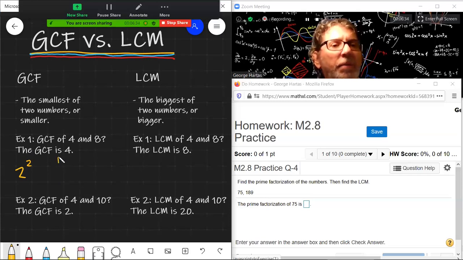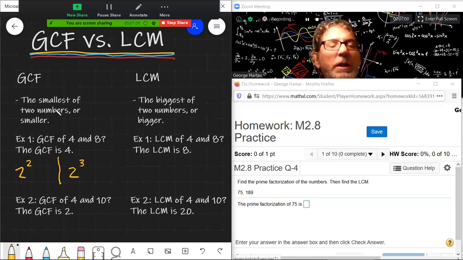And over here we have 8, and 8 is 2 to the third power. So this exponent basically means we're going to multiply 2 by itself 2 times. Here we multiply 2 by itself 3 times. Not 3 times 2, it's 2 times 2 times 2. So 2 to the second power is 4. 2 to the third power is 8.